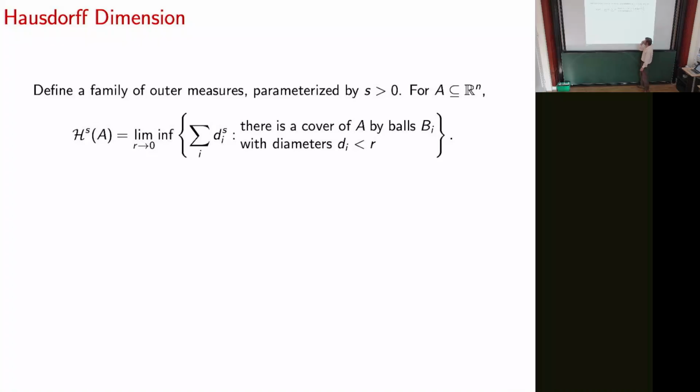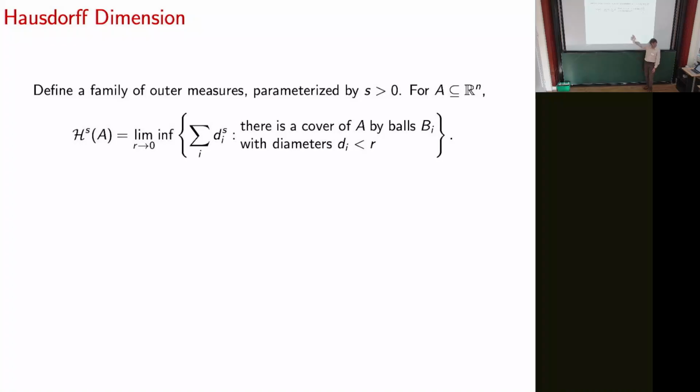And then you look at the diameters of the balls that are used in that cover, and we're going to weight. What's the size that we're going to attribute to a ball? Well, it's the diameter to the s. So in Lebesgue measure, if it were the line, you'd just say it's the sum of the lengths of the intervals that appear in the cover.